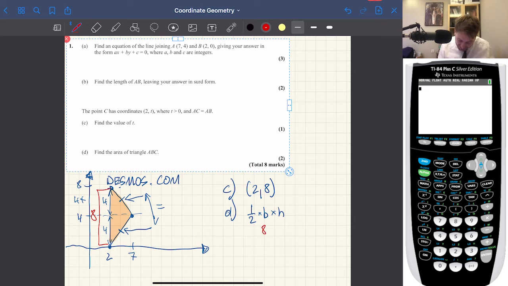Our height is this distance, which goes from 2 to 7, which means it's 5. Half times 8 is 4, and 4 times 5 is 20. So we got 20 units squared as our answer, and therefore we tick all those answers.